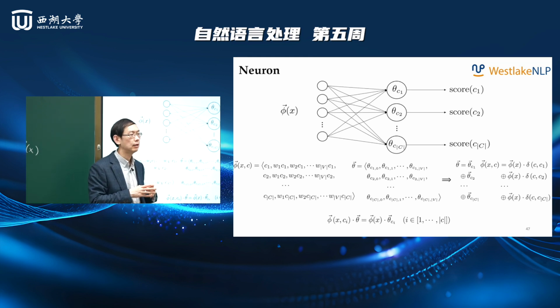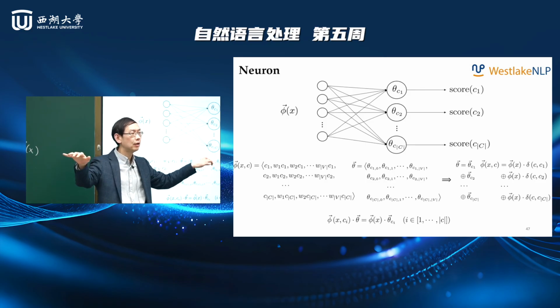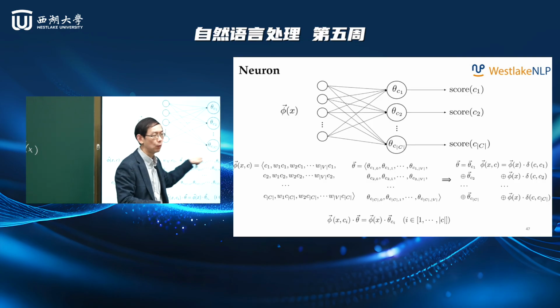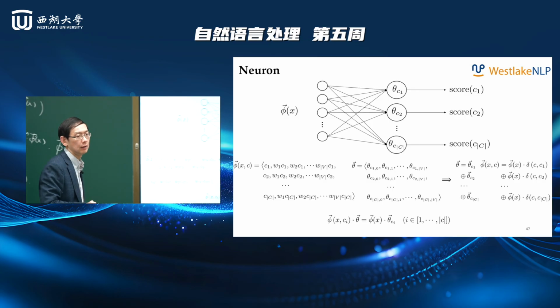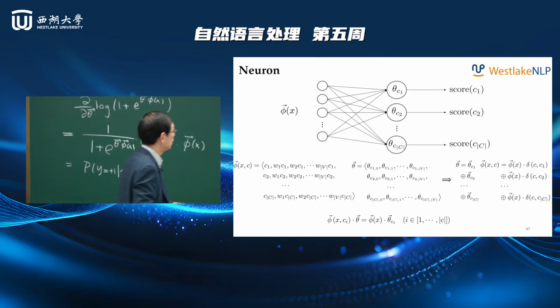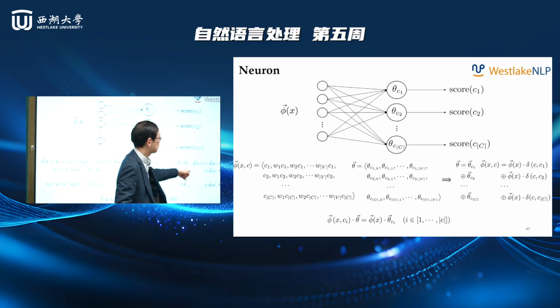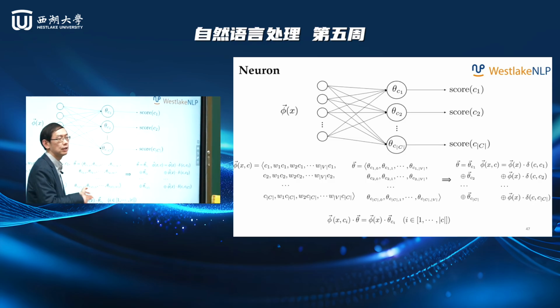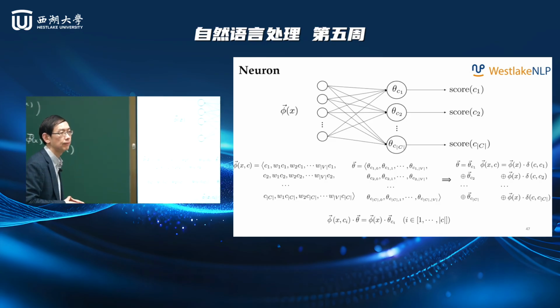I can do that. So in the end, my whole theta vector will be the concatenation of all these small chunks, and each chunk is just one row. I cut my big theta, and this theta is the concatenation of every row. I just cut it, nothing else.